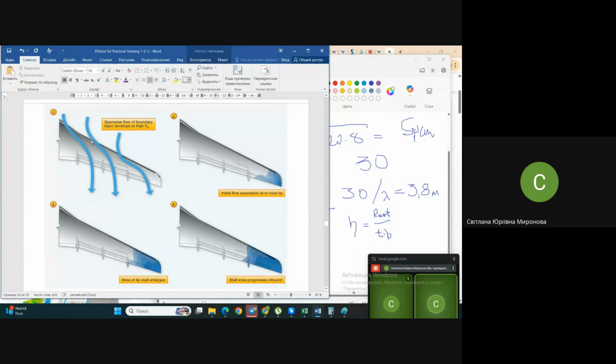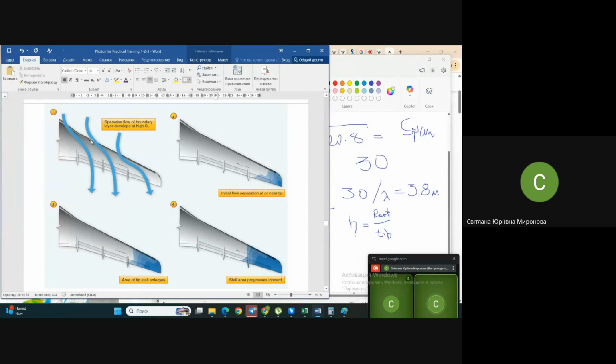But for one profile analyzed alone, it's like a theoretical story. In a real wing with end shapes, not endless shapes, and depending on the shape of the wing, this stall appears in different places. This zone of increased turbulence appears in different areas of the wing.